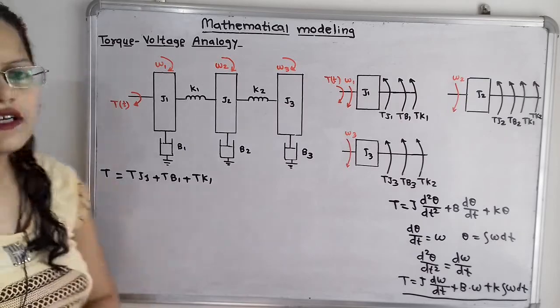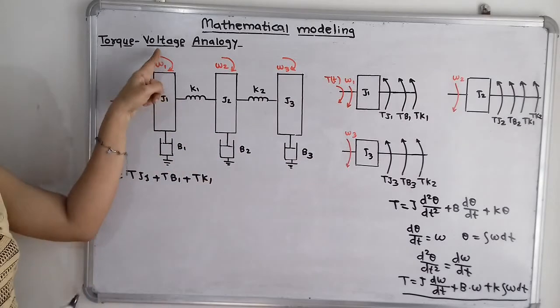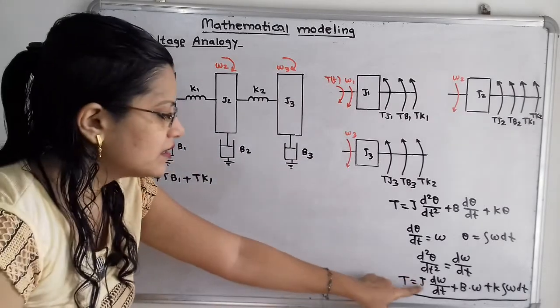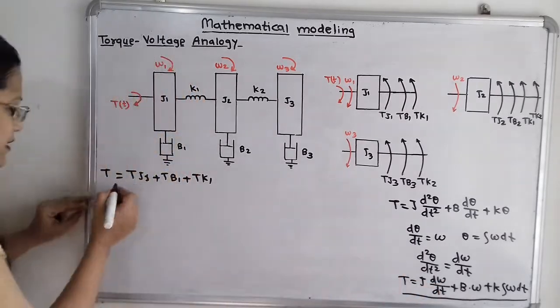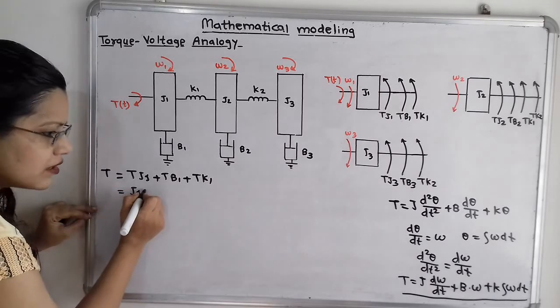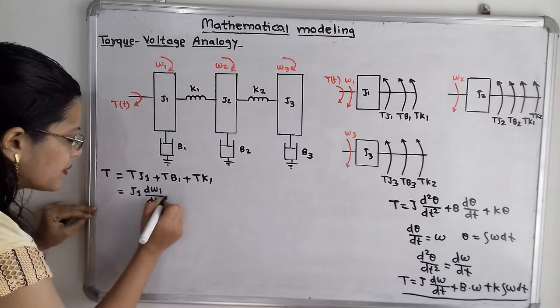Now we will write the equation. For this TJ1, J1 is having angular velocity omega 1. So instead of J, I will write J1 d omega 1 by dt plus.